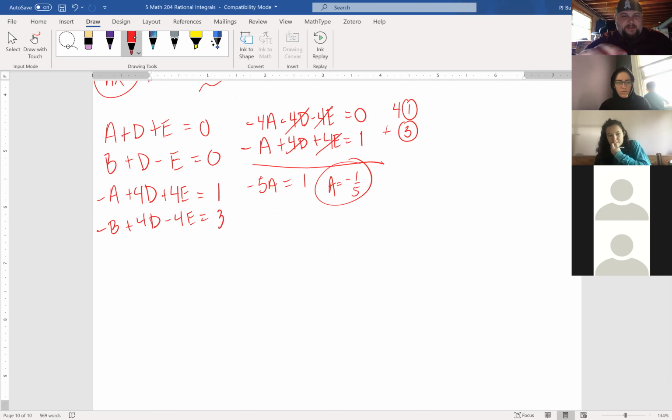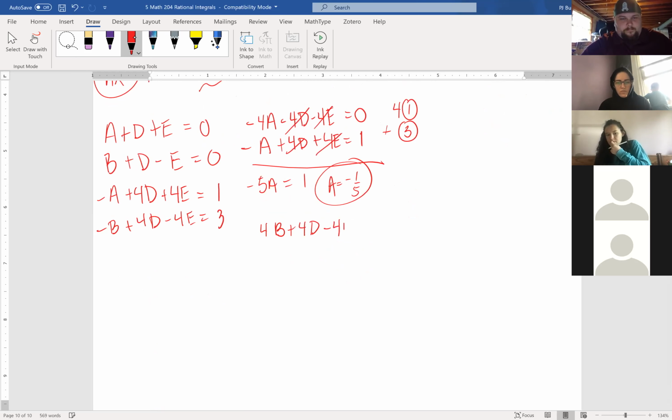If I multiply equation 2 by 4, and subtract equation 4, so 4b minus a negative, that would be 5b. 4d minus 4d would cancel.